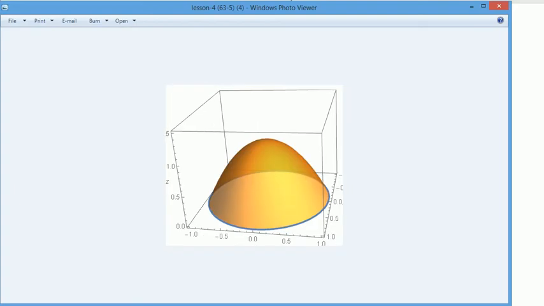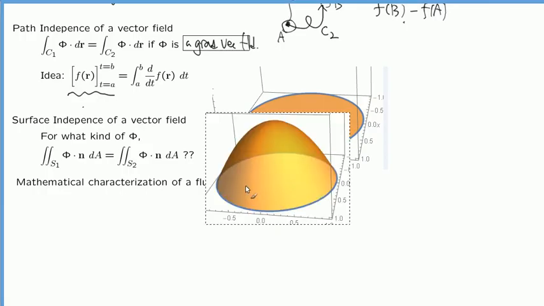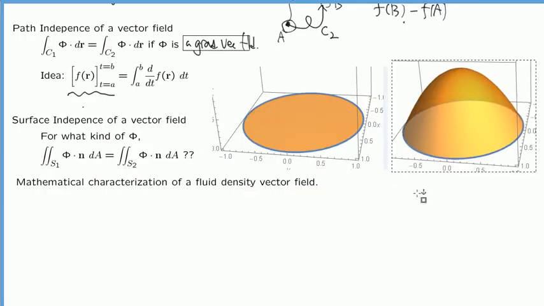The next surface is a bulge up like this. The flux calculation of this one and that one turns out to be the same. But what seems to be common for these two? The blue baseline, right? This we call the boundary of the surface.